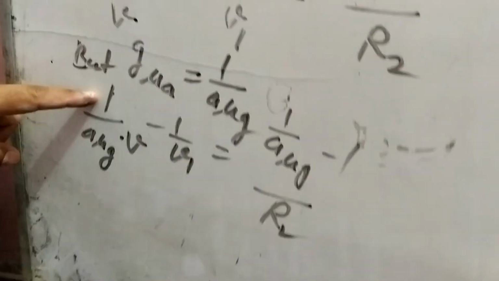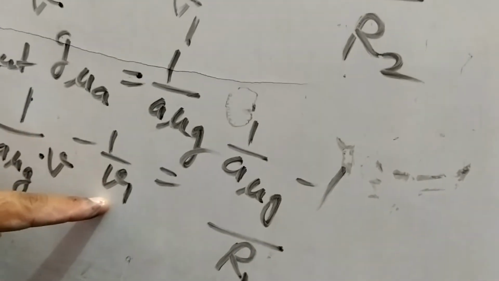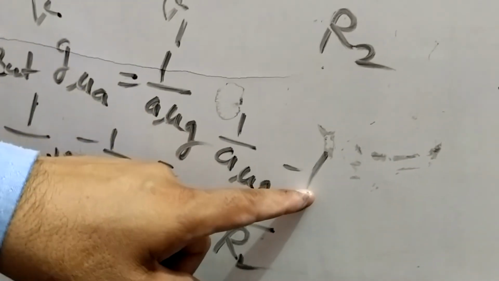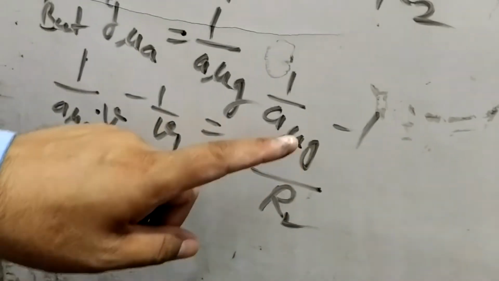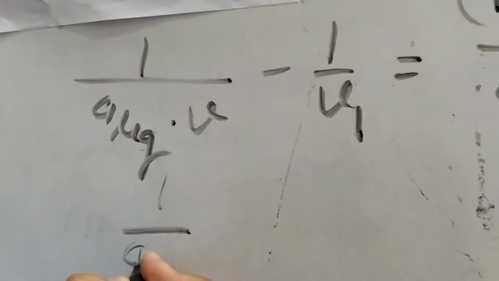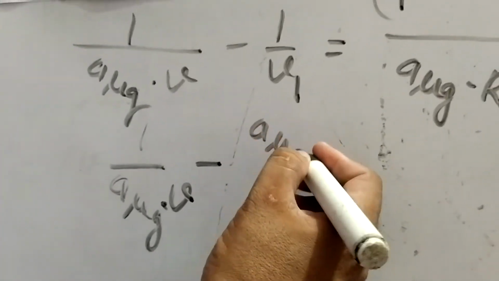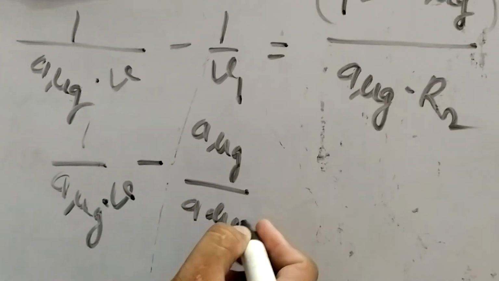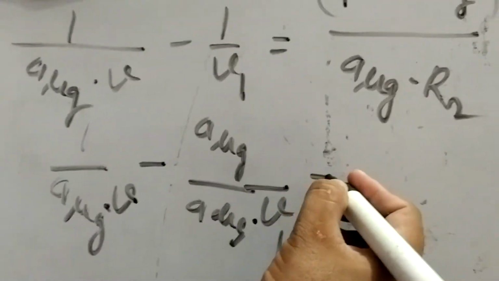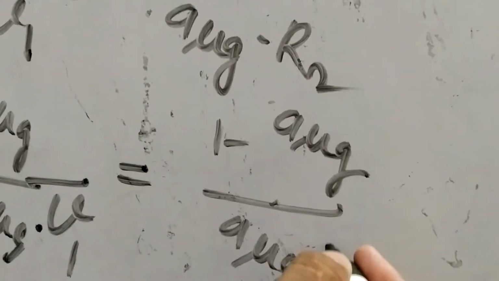If you have any doubt, you can see here 1 upon aμg, 1 upon V1, 1 upon aμg minus 1 upon R2, right? So LCM aμg here. See in this equation, now multiply and divide by aμg. So 1 upon aμg into V minus aμg upon aμg into V1 is equal to 1 minus aμg upon aμg into R2.